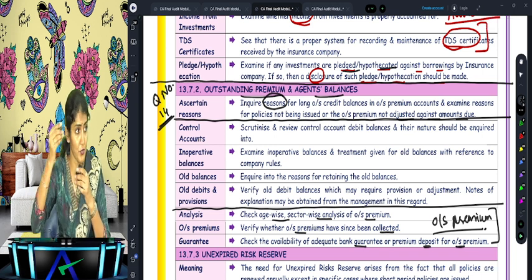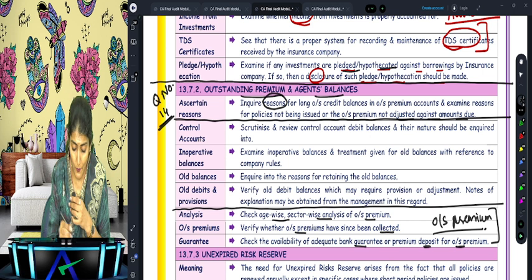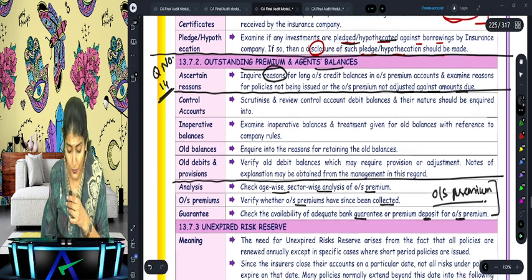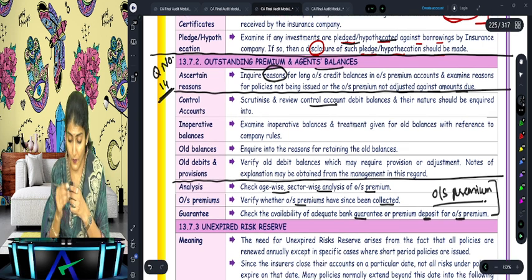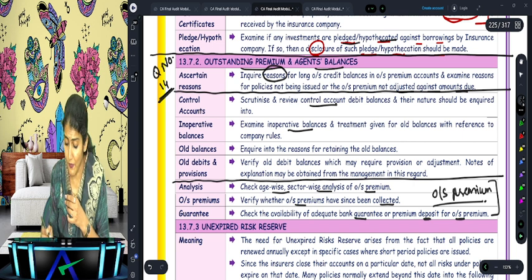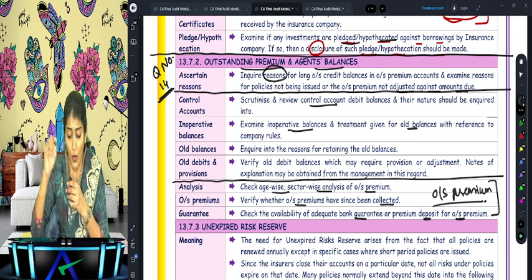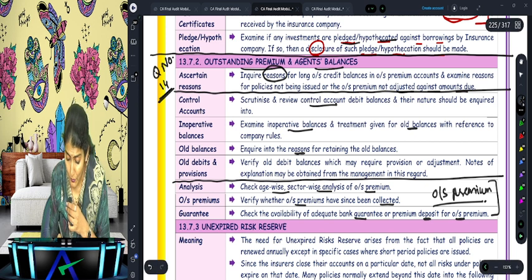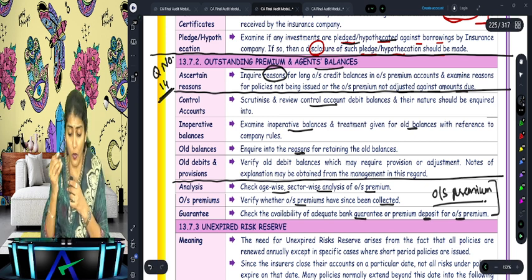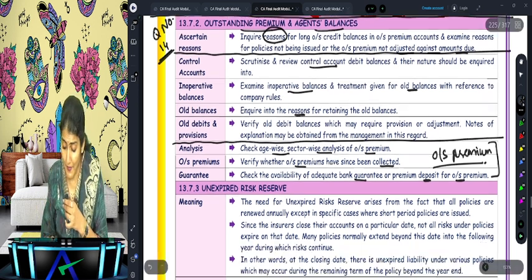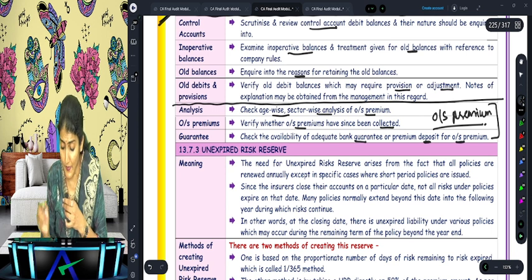Right, so you need to check for the reasons. So that is one point. Then you can review the control accounts. Then you can check the inoperative balances and the treatment given for the old balances. Then inquire into the reasons for retaining the old balances. Then old debit balances may require a provision or adjustment.